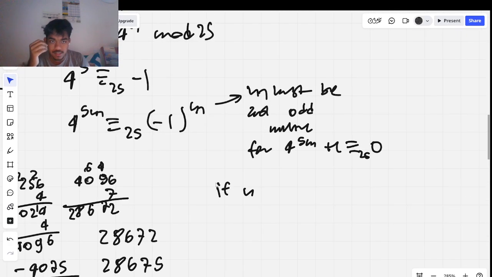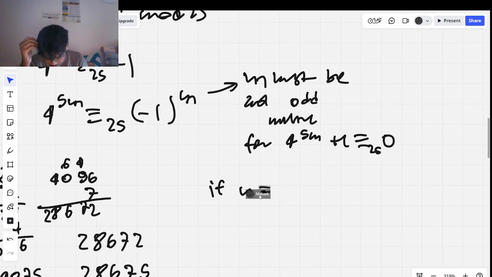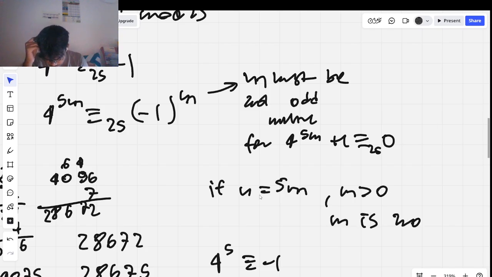okay, I just didn't see that. Okay, sorry. If n equals 5m, okay, that works. Well, I wonder if 4 to the 10... Oh no, this is true, where m is an odd number.